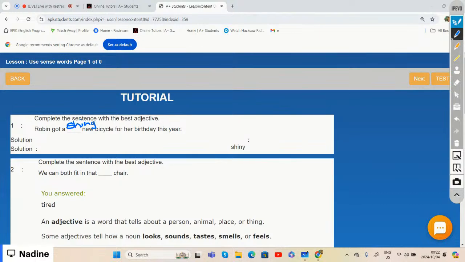If we look at the next one, it says we both fit in that chair. Is it a narrow chair, small chair, wide chair, big chair?